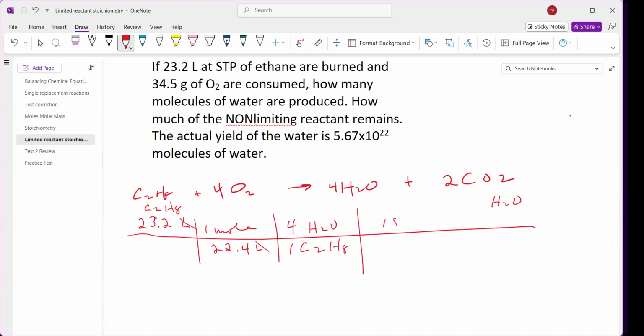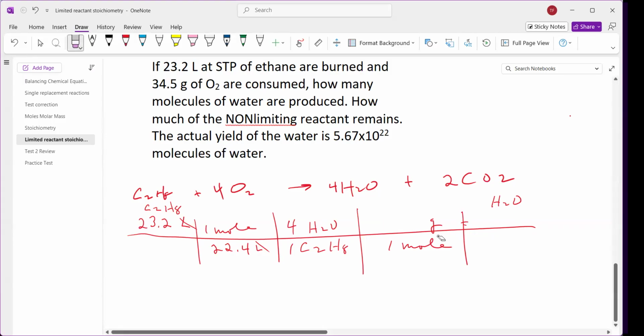And then water is 18.02 grams per mole. Now, are we calculating grams of water? No, we're calculating molecules. So instead of 18.02, we're using good old Avogadro's number.